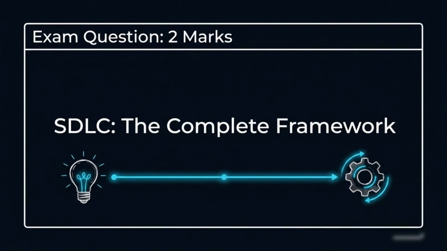So, if you need a strict, exam-ready definition, SDLC is the structured framework defining all the phases involved in developing software, from initial planning straight through to long-term maintenance. But this raises a final question.